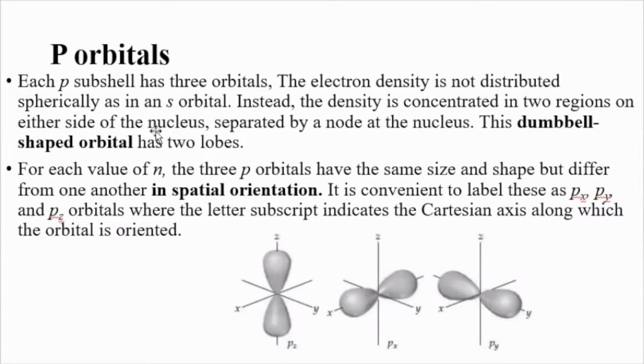This is a dumbbell shaped orbital with two lobes. The electron density is concentrated in two regions on either side of the nucleus, the middle point being the nucleus, and separated by a node at the nucleus. It is like a pair of dumbbells with two lobes. But there are 3 orbitals, called px, py, pz.